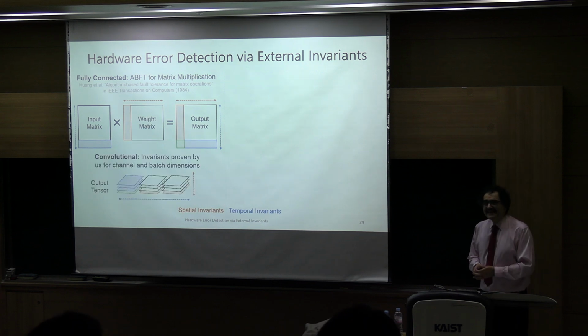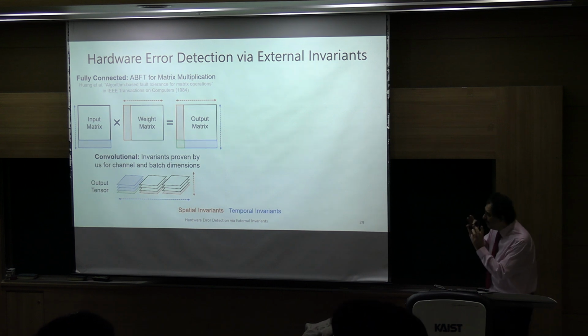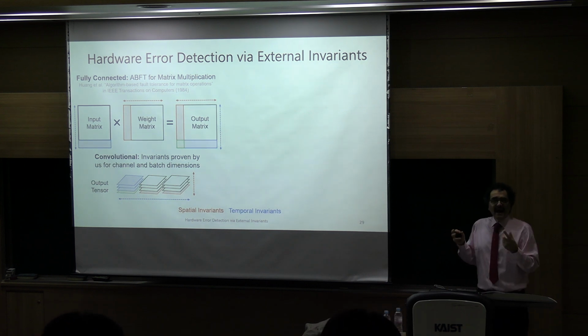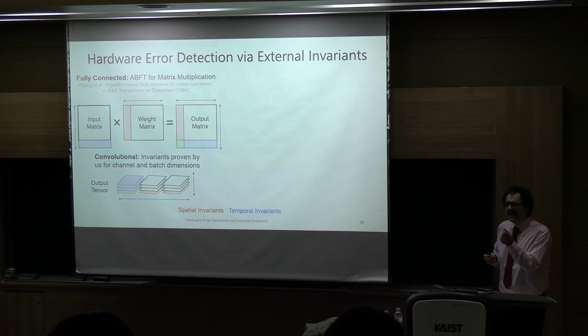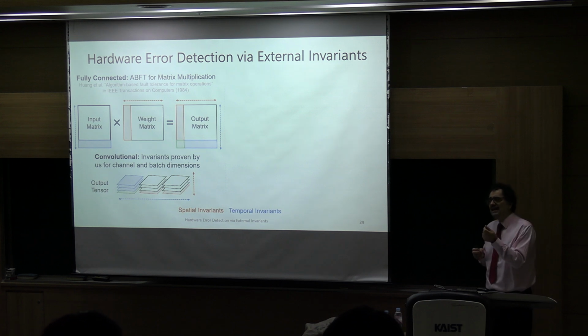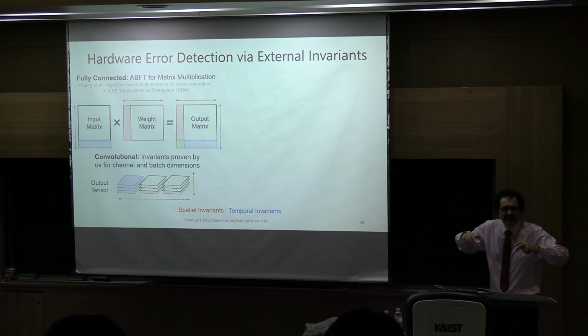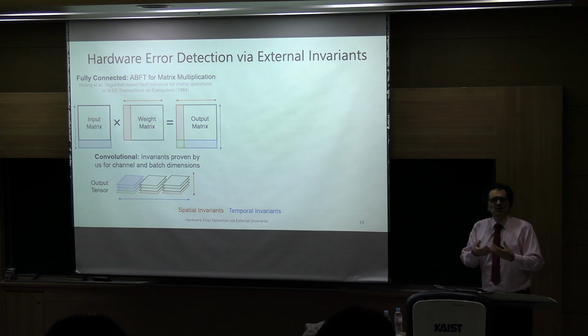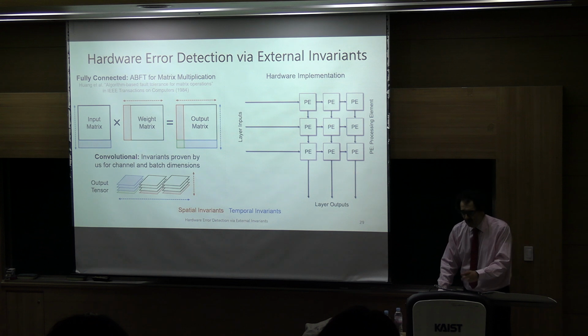But our contributions were more in showing that this worked in a neural network environment, particularly in terms of the convolutional stuff, which has its own complexity, and also you needed certain proofs as to how many errors you can accommodate and what combinations of errors can escape. So this is some of the work that we did.